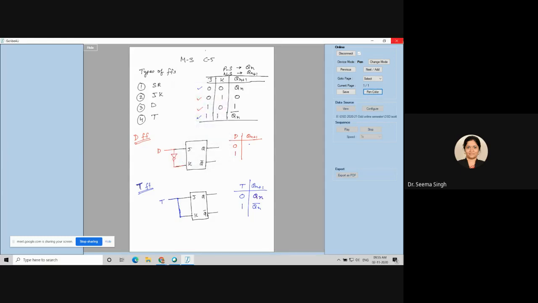So it will be a 0 here. And what will happen here? 1 and 0 means it will be having a 1 here. Okay. So this is with respect to D flip-flop. This is with respect to T flip-flop.